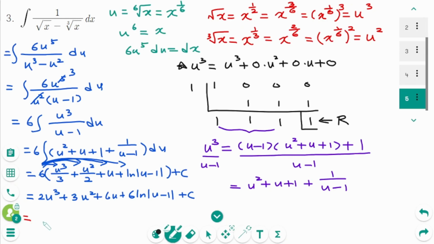Then the final answer is 2 times u cubed, that means the square root of x, plus 3 times u squared, that means cube root of x, plus 6 times u means 6th root of x, plus 6 ln absolute value of 6th root of x minus 1 plus c.